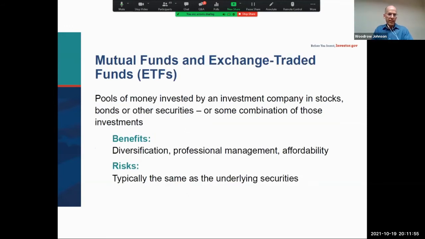Mutual funds. Instead of buying stocks and bonds directly, you can buy them indirectly by way of a mutual fund or an exchange-traded fund, more commonly referred to as ETFs. Simply stated, a mutual fund is a company that invests in other companies. So I can give the mutual fund, say, $100, and then the mutual fund gives me shares of the fund.